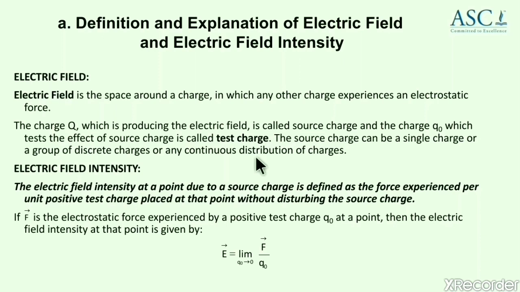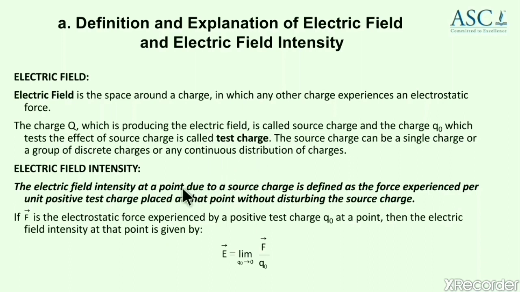All these can be considered as source charge, and if you want to test the presence of electric field around it, you have to bring, as I have already told you, a small charge called a test charge, and it is always taken as a unit positive test charge for reference purposes.